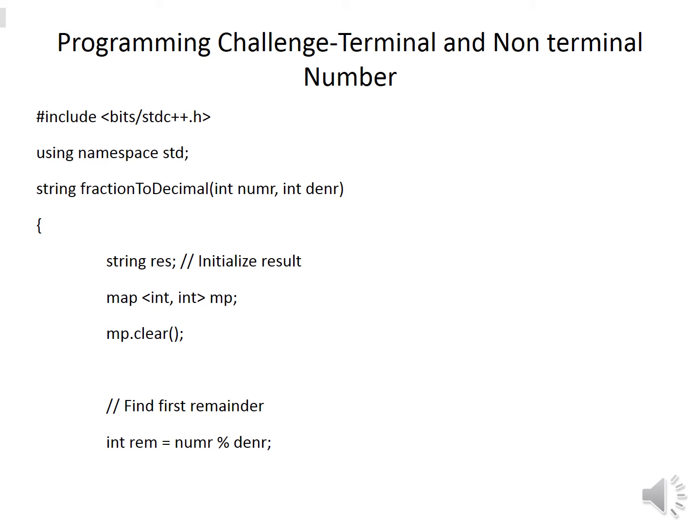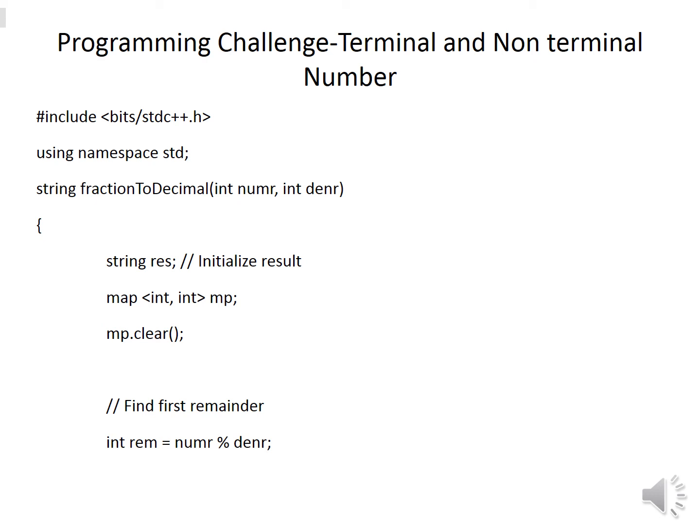Map is like an array. We have to store the elements into it, and we have to give a variable name to that particular map. So mp is the variable for map. mp.clear, so we clear the map which will be used in this program.